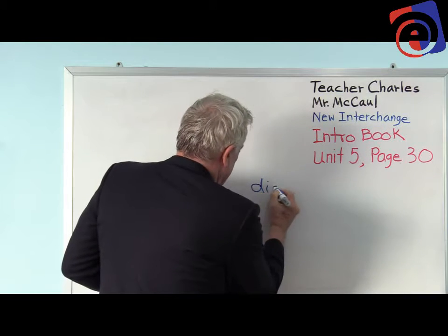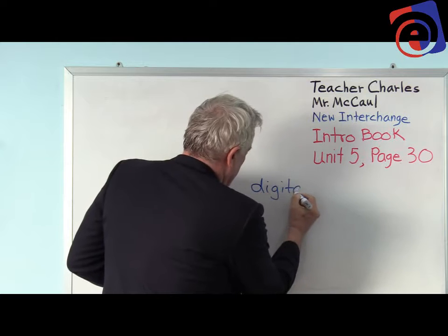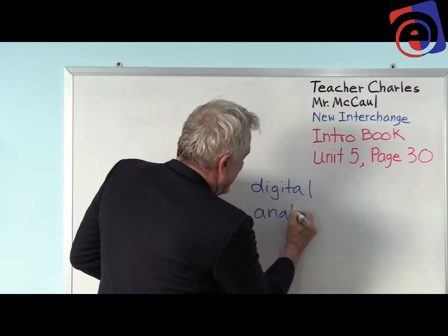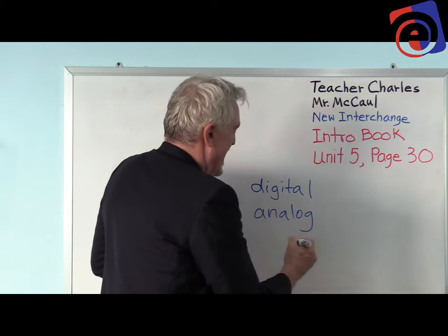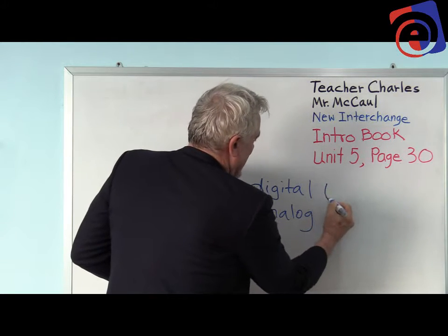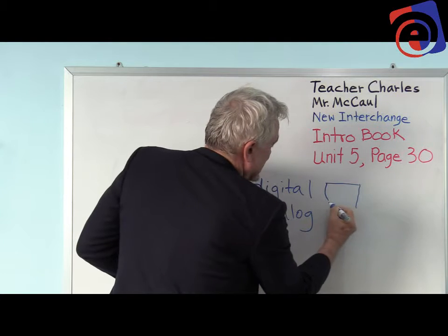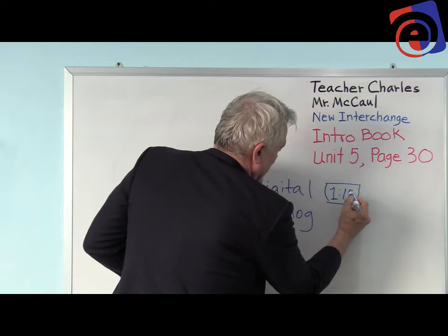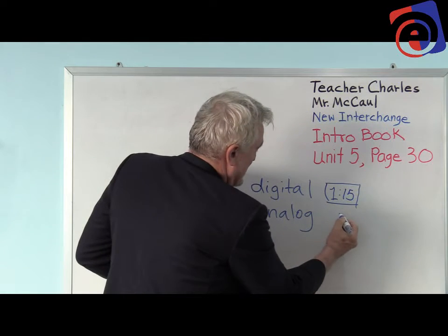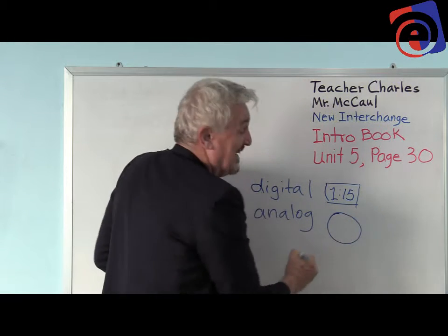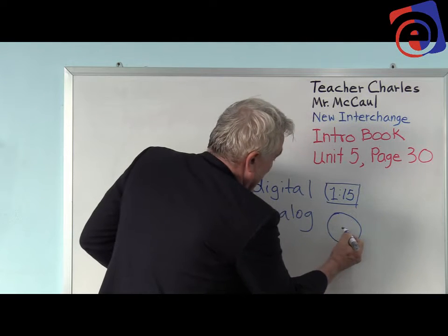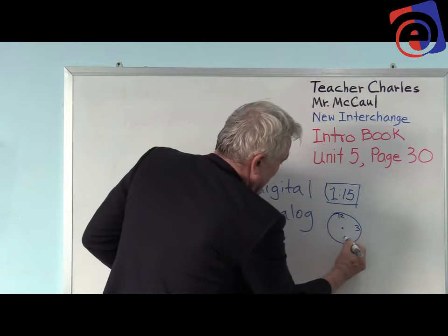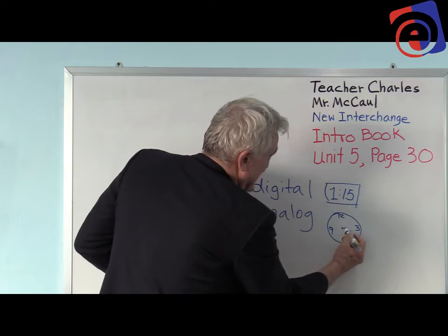So we have digital clocks, and we have analog clocks. So the digital clock has the face. This is the face of the clock, and it says 1:15. That's a digital clock. An analog clock is usually round, and it usually has 12, 3, 6, 9, at least that.